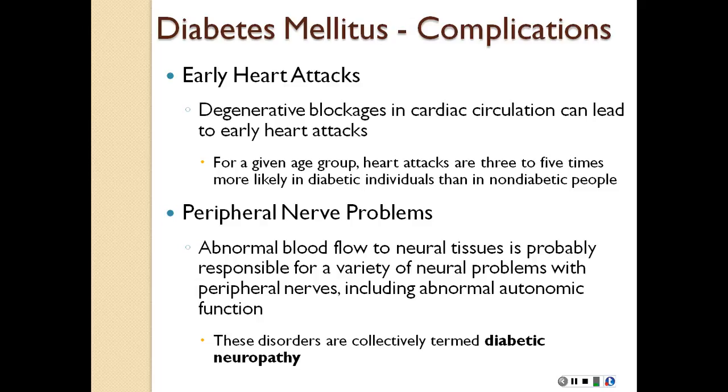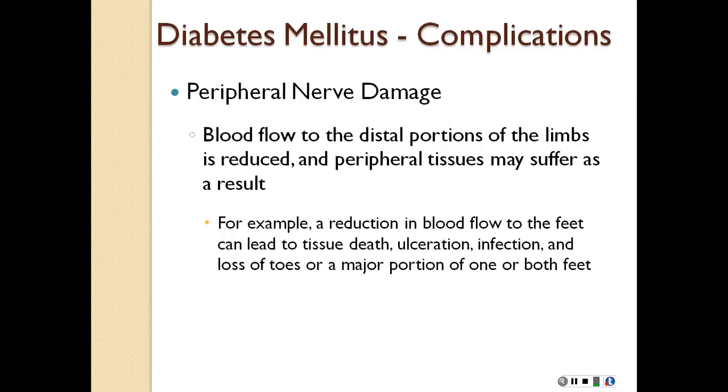Abnormal blood flow to neural tissue is probably responsible for a variety of neural problems with peripheral nerves, including abnormal autonomic function. And then you have blood flow issues as well, where the extremities may not be getting adequate blood flow and oxygen. You may notice if a person has had diabetes mellitus for a while, their feet may get really dark.